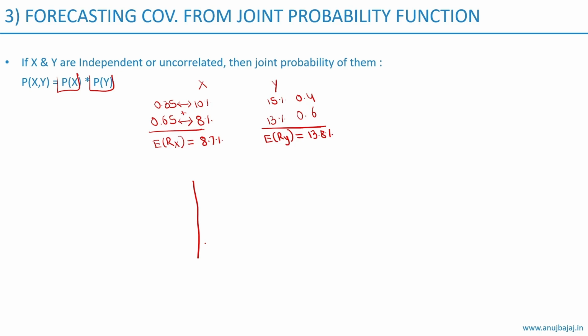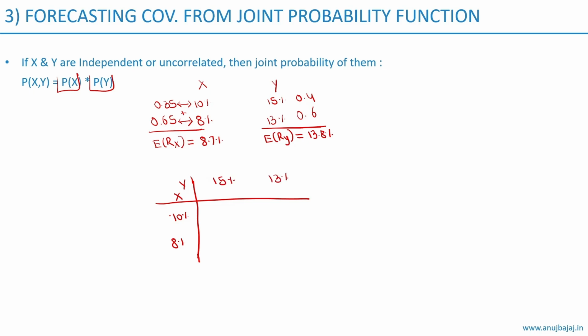Now let us draw a joint probability matrix. So this is how a joint probability matrix looks. We have X over here, Y over here. X can either take two values, it can either generate 10% or 8%. Y can either generate 15% or 13%.